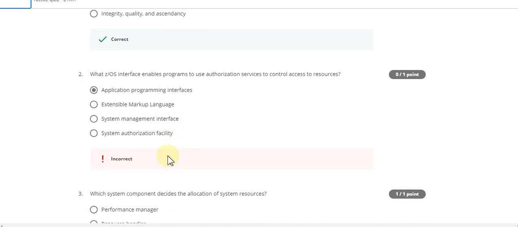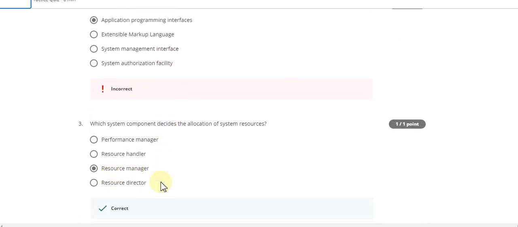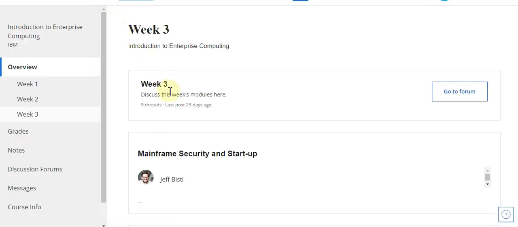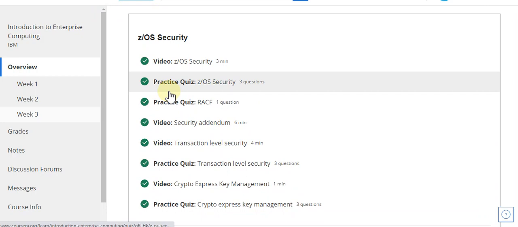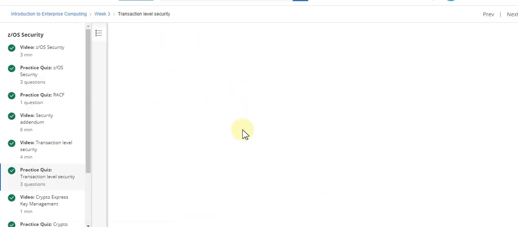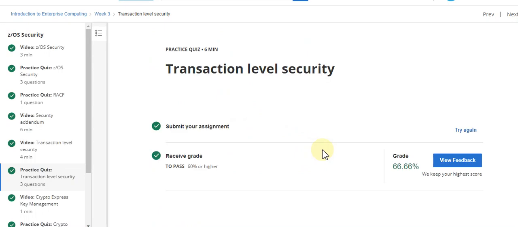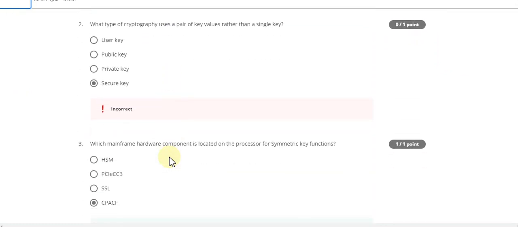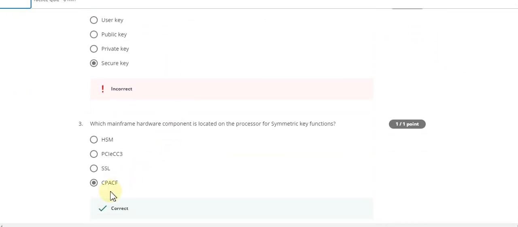The second is wrong, and the third is resource manager. Now go to the week 3 second practice quiz solution, which is transaction level security. First question answer is symmetric, second is wrong, third is CPACF.